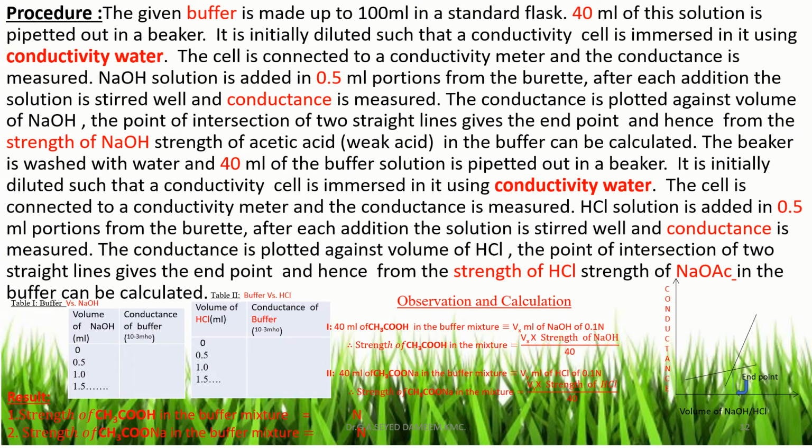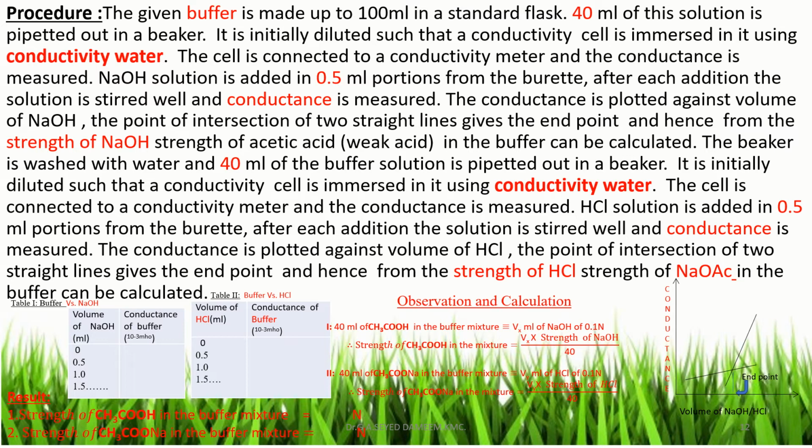The given buffer solution, which contains acetic acid and sodium acetate, is made up to 100 ml in a 100 ml standard measuring flask using conductivity water, and 40 ml of this solution is pipetted out into a clean beaker, and it is diluted with conductivity water such that the conductivity cell is immersed in it. The cell is connected to a conductivity meter and the conductance is measured.